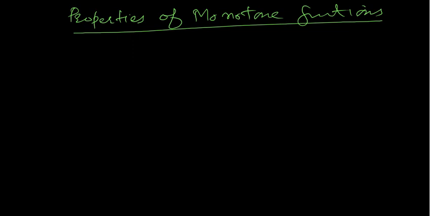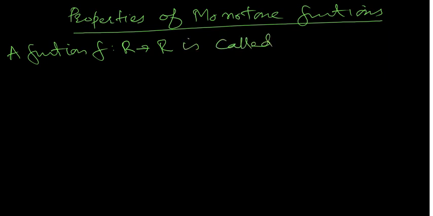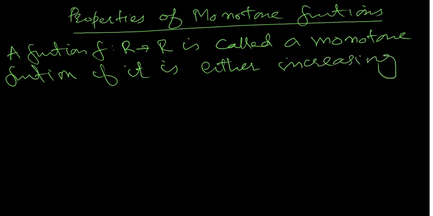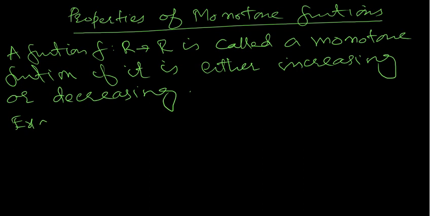A function f from R to R is called a monotone function if it is either increasing or decreasing. Okay, so let's take some examples.